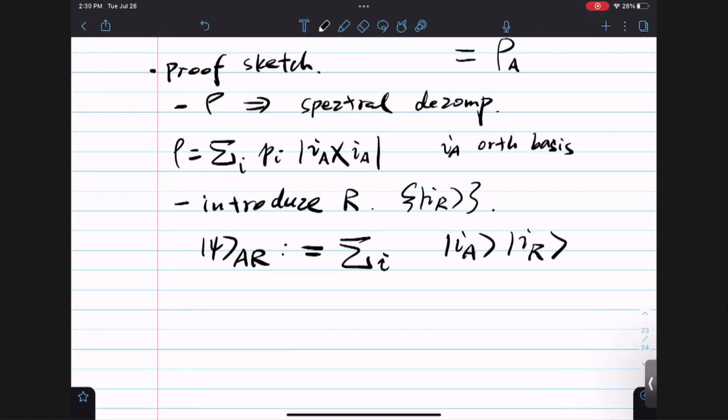But then what's important here is we want to make sure once we discard the reference system, we recover the original rho. So here, I'm going to write down square root of p_i here, because once you take the outer product, it gives us p_i. And if we trace out the R system, we have the original density matrix. Okay, so you can verify once we trace out R, this is exactly rho.